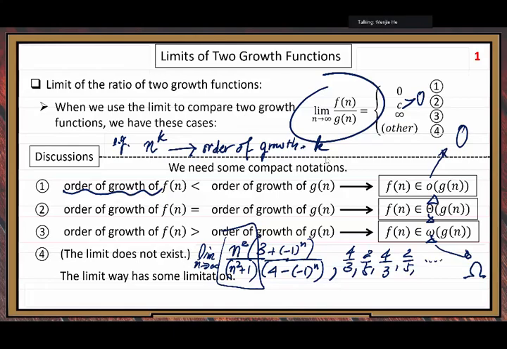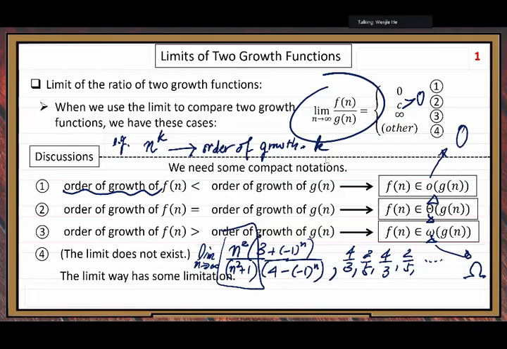Two different fractions alternately. If the sequence follows this pattern, then there is no limit. The limit does not exist. Up, down.